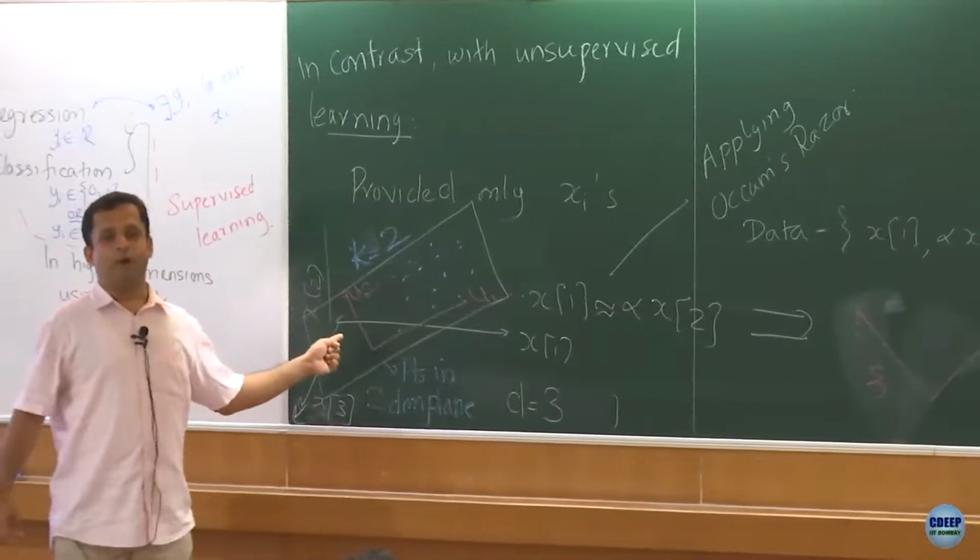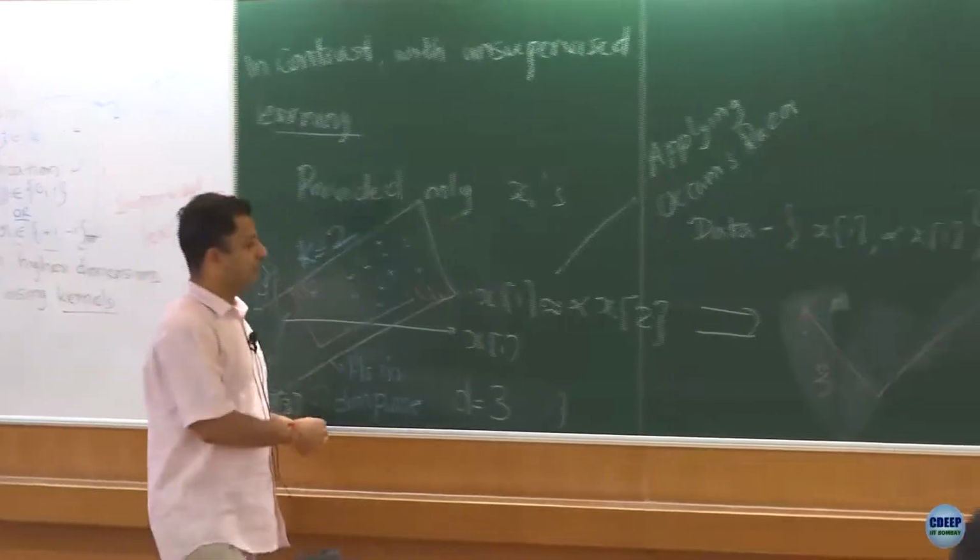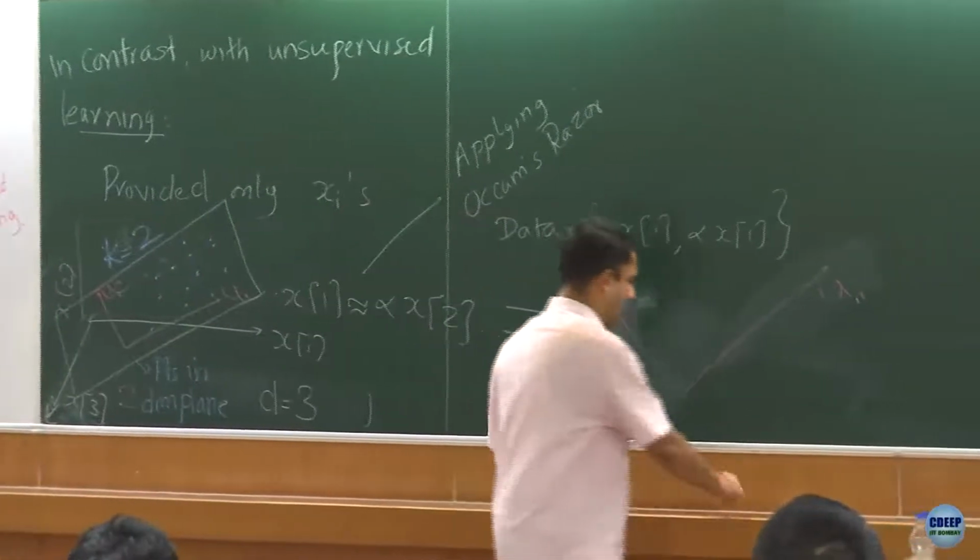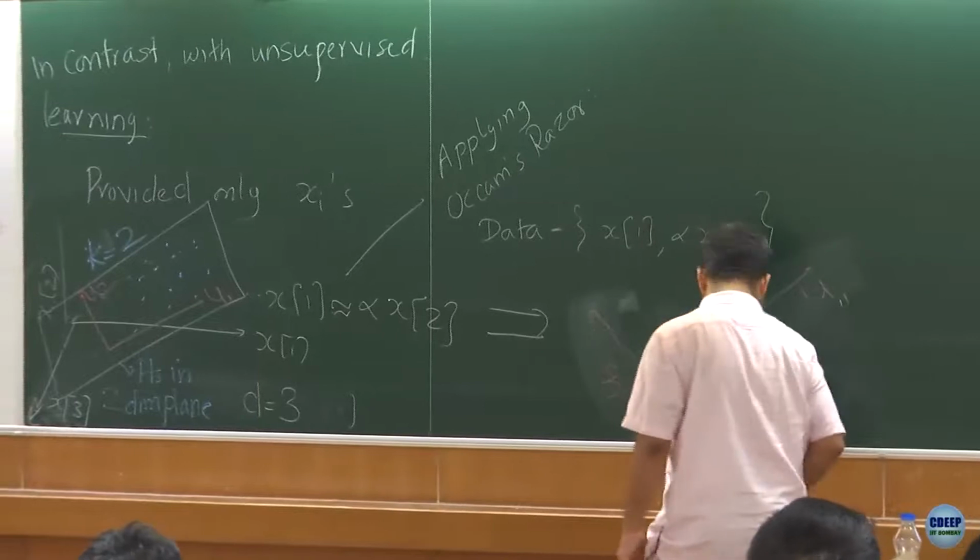Now the same set of points, which earlier had 3 coordinates, can now be mapped to this 2-dimensional space.